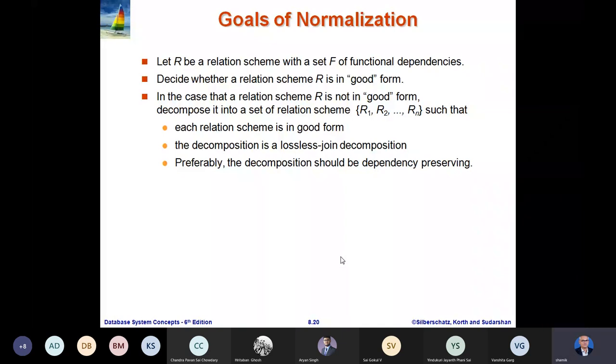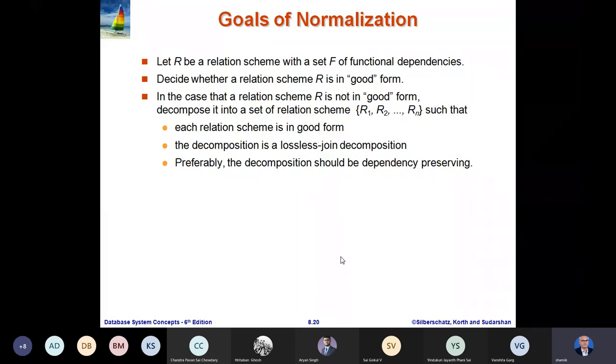In case the relation is not in BCNF, that is, not in good form, we decompose it into a set of schemas R1 to Rn such that each relation schema is in good form. The decomposition is, of course, a lossless join decomposition. That is the basic requirement, and preferably the decomposition should be dependency preserving.